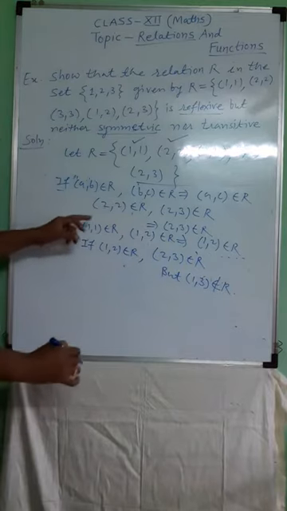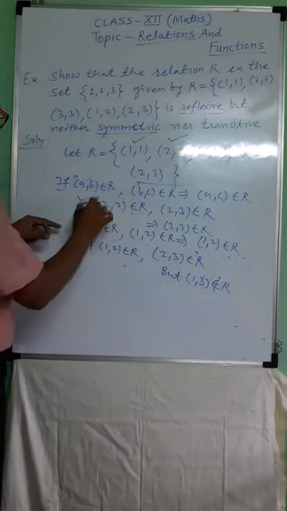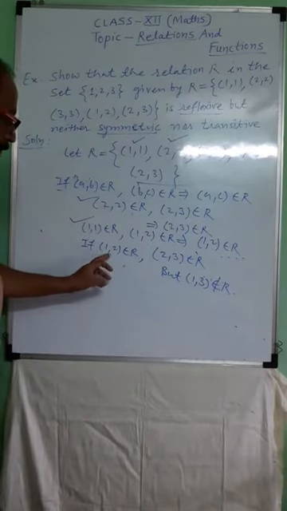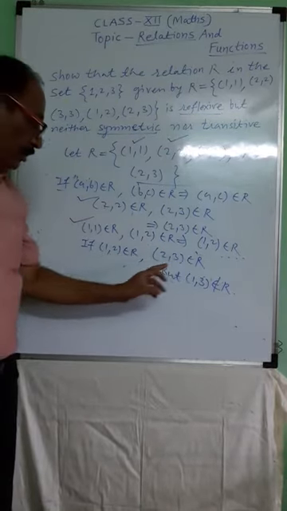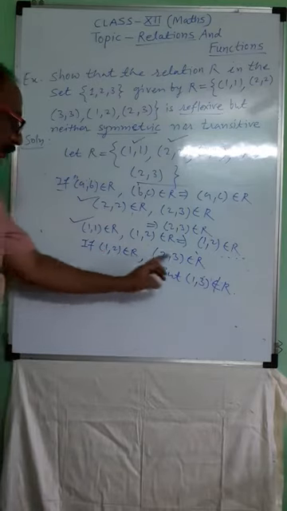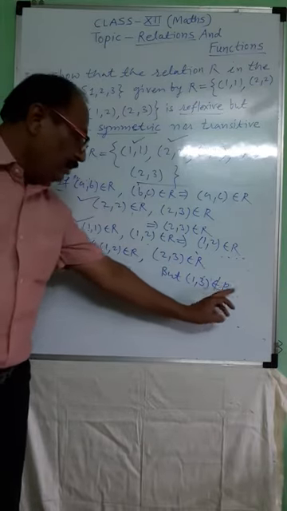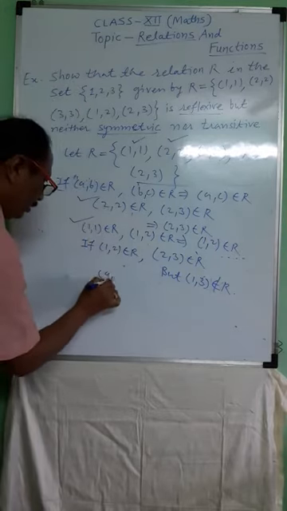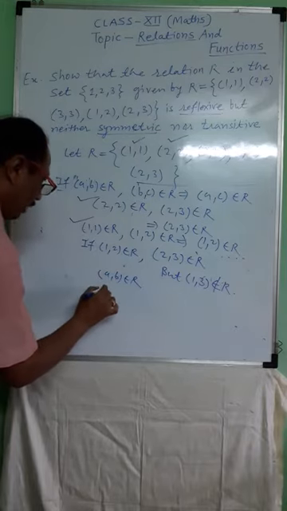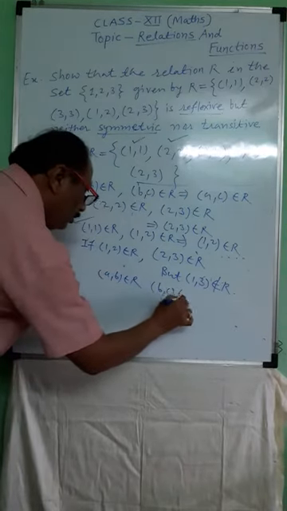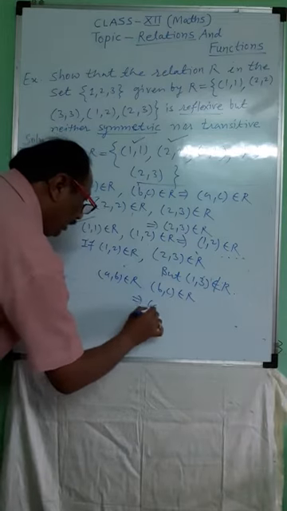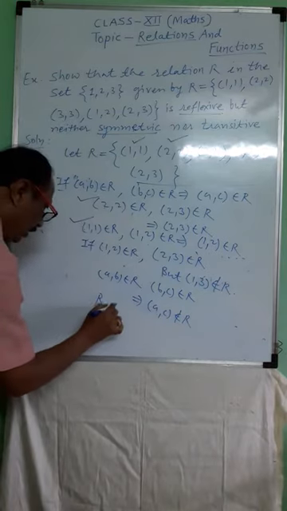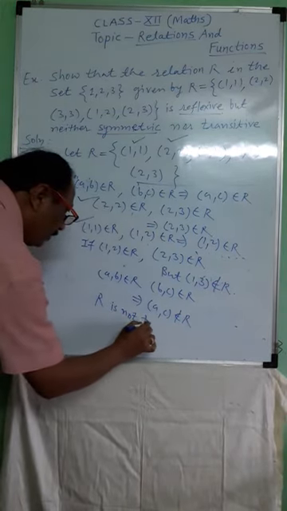Here two examples are correct. Number 1, yes, it is. Number 2, yes, it is correct. But in the third case, if (2,3) belongs to R and (3,2) belongs to R, then we did not get (2,2)... Meaning of this, if (a,b) belongs to R and (b,c) belongs to R, then we get (a,c) does not belong to R. It means the relation R is not transitive.